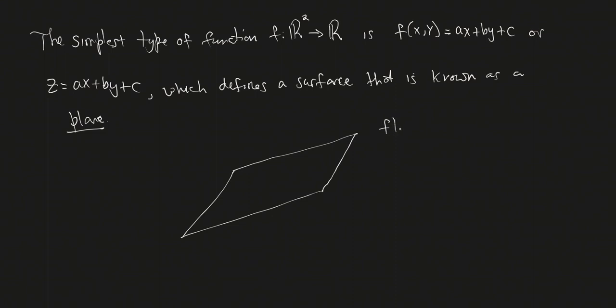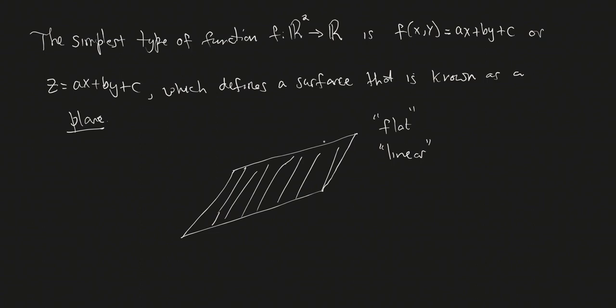Because it's not curved, it's not bendy. Of course, you would have lots of points on this surface. A perfect example of a surface is the cover of a book. It's flat.